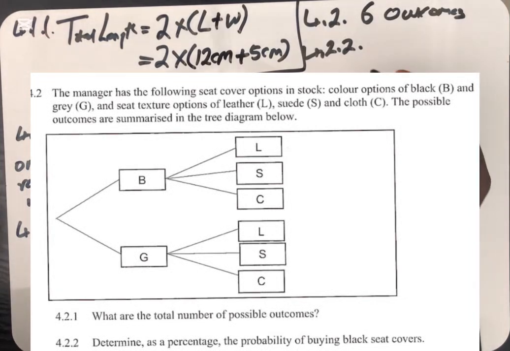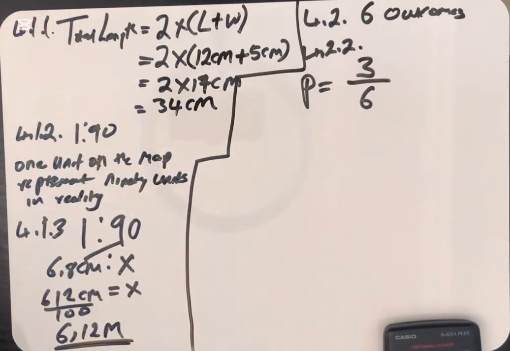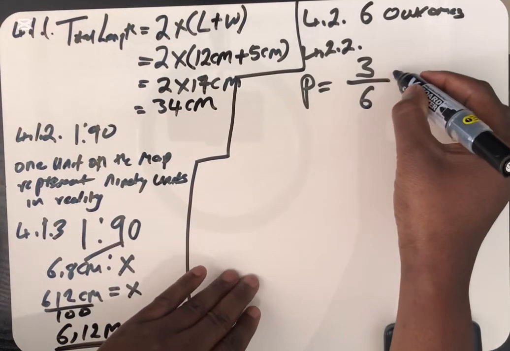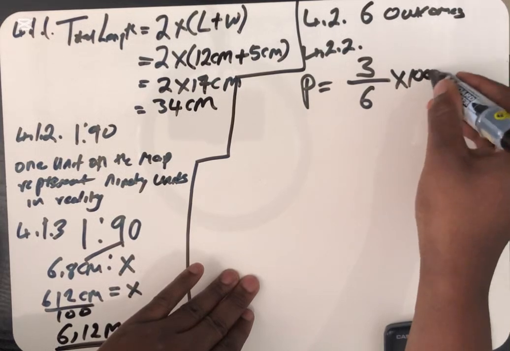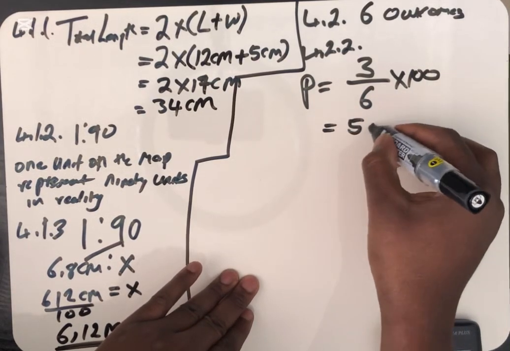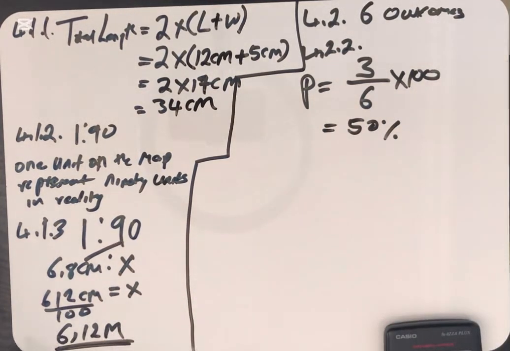So it's going to be 3 over 6. As a percentage, the question is as a percentage. So we must convert this to percentage by multiplying by 100, which will give us 50%. That's how simple was that question.